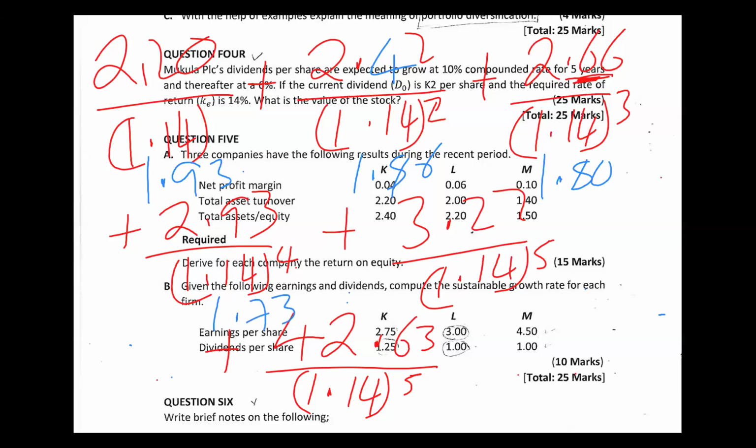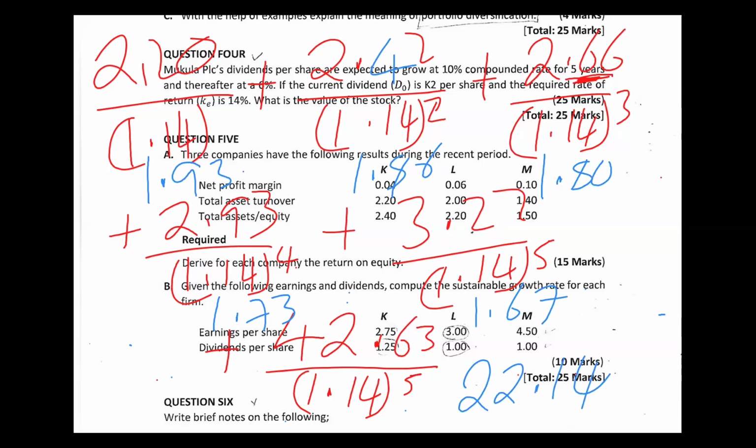Okay. In the fifth year, what do you find? 1.67. Then what is the present value of the terminal value? I found 22.14. Everyone finding the same, yeah?